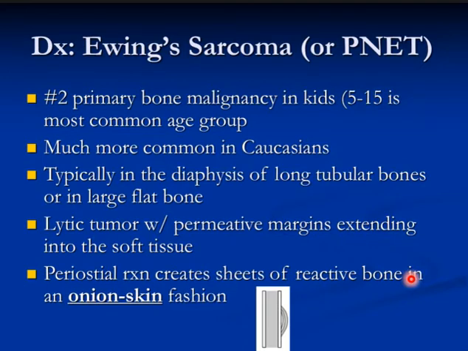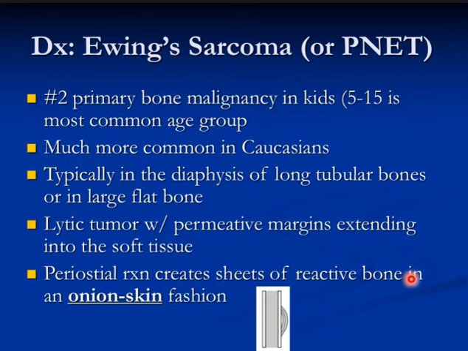It is the second primary bone malignancy in kids after osteosarcoma, mostly from 5 to 15 years. It's much more common in Caucasian, and that's why we said a white male patient. Okay, usually in the diaphysis of long bones or in large flat bones like what? Ilium, iliac, mainly iliac bone. It happens there a lot.